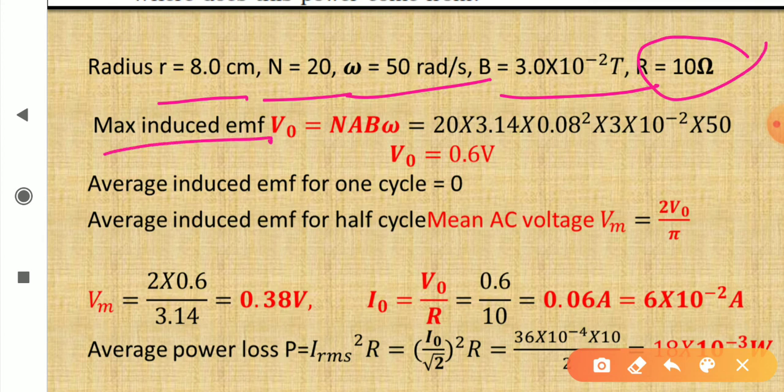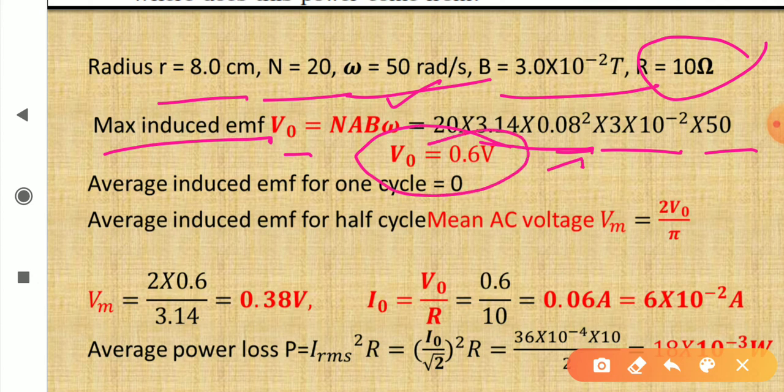Maximum induced EMF, that is peak voltage, is NAB omega. Put the value of N, 20, area is pi r square, so R is 0.08 meter, convert to SI unit, into magnetic field 3 into 10 to the power minus 2 into omega 50. Simplify it, you get 0.6 volt. So maximum induced EMF is 0.6 volt.